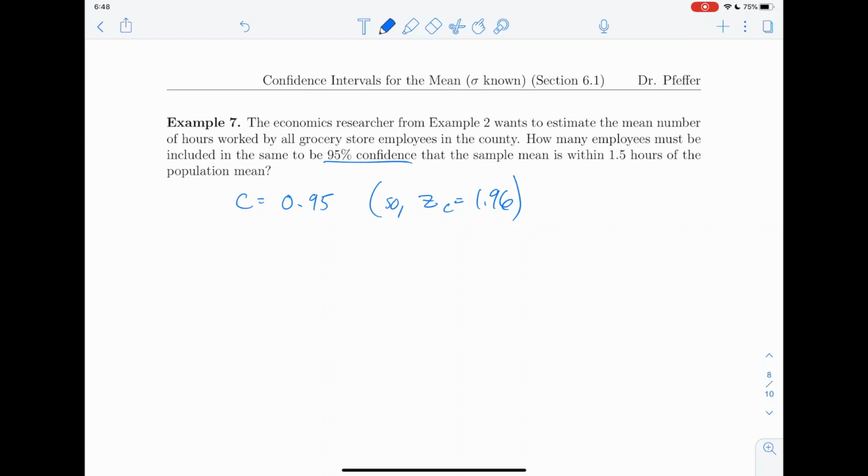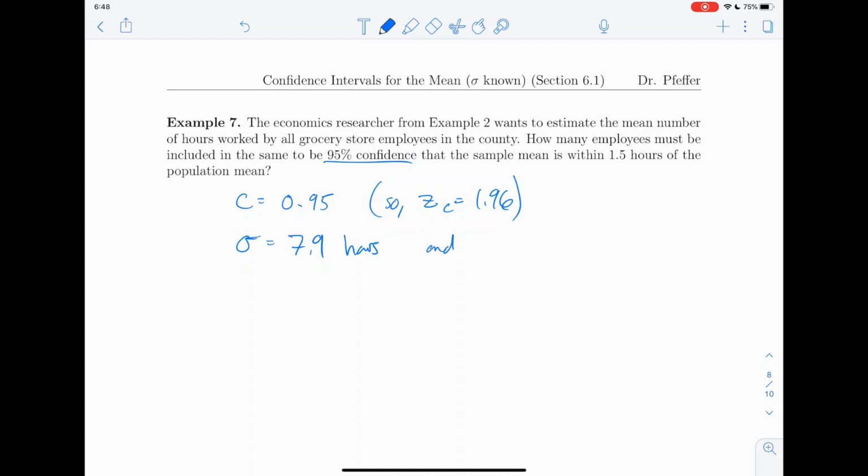If this was an exam, you'd have to re-find this using the standard normal table and the process we developed earlier. But for now, we've already done it in this lesson, so we'll import it. We'll note here that in a previous example when we talked about this problem, we observed that the standard deviation was equal to 7.9 hours.